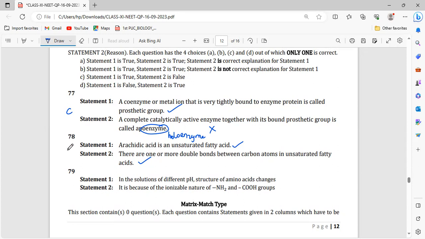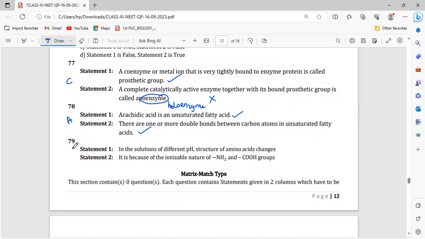So it should be option A. In solutions of different pH, the structure of amino acid changes, which is correct because COOH and NH2 groups are ionizable. So even statement 2, what they have given, is actually the reason for statement 1. So it should be answer A.